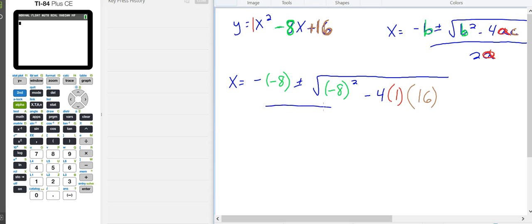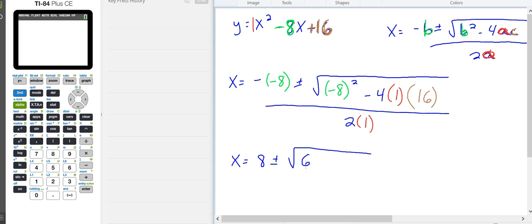That whole thing is over 2 times a, which in this case is 1. Let's simplify. X is equal to negative times negative 8 is positive 8 plus or minus the square root of negative 8 squared is 64, minus 4 times 1 times positive 16 is negative 64, over 2 times 1 is 2.